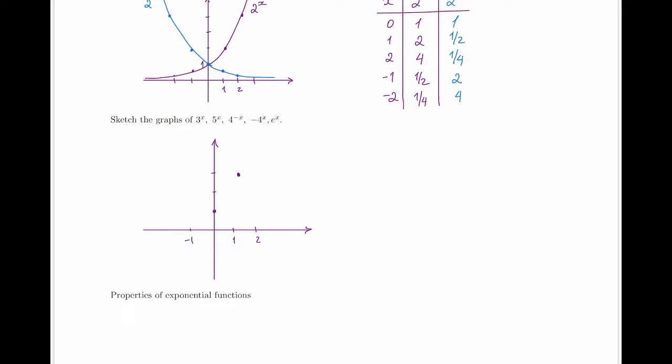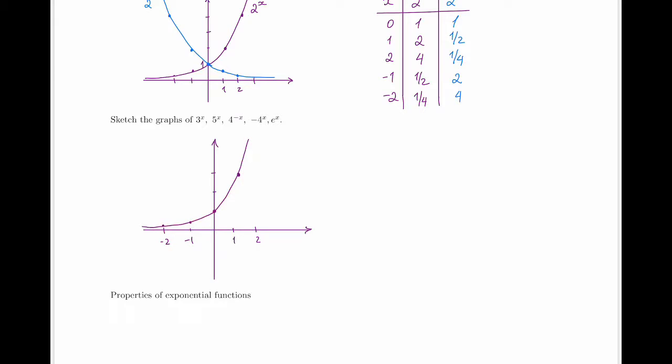Whereas if I plug in negative values, I'm going to first have a third and then a ninth, and so my graph is going to decrease. And so I get the shape that is similar to that of 2 to the x, except for 2 to the x, for 1 it would have been 2, for 2 would have been 4, so the 2 to the x graph would have looked slightly different. Similar shape, but slightly different.